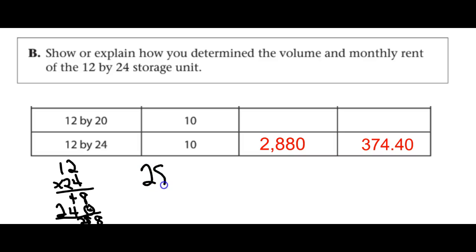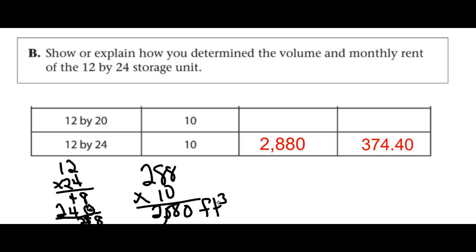And then we would have to take 288 times 10, which is 288 times 1 with a 0, and we would get our volume of 2,880 cubic feet. Then we would have to show or explain how we figured out that it was $374.40 for the monthly rent.